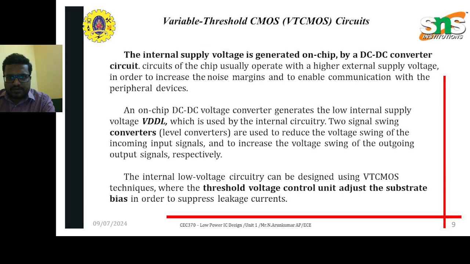The circuit voltages are identified by using a DC to DC converter circuit, as we have already discussed. And next one is threshold level, because we are connecting more input terminals to the next one, so we need to check the threshold voltage control unit, just adding all the additional voltages from all the units of the corresponding ICs.